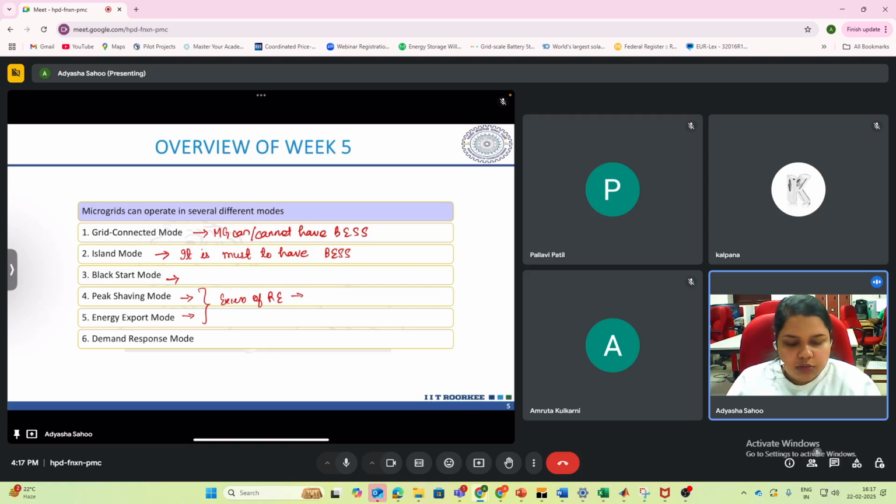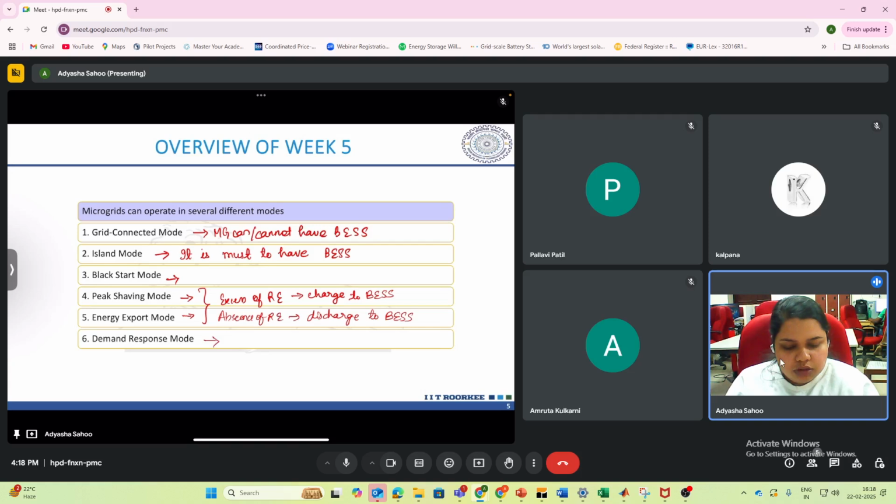If you have grid connected mode, you can directly feed that excess power back to the main grid, or otherwise you can store it in your BESS. And similarly, in the absence or scarcity of RE, you can take the power required from the main grid, or you can discharge the energy stored in the BESS to supply the loads.